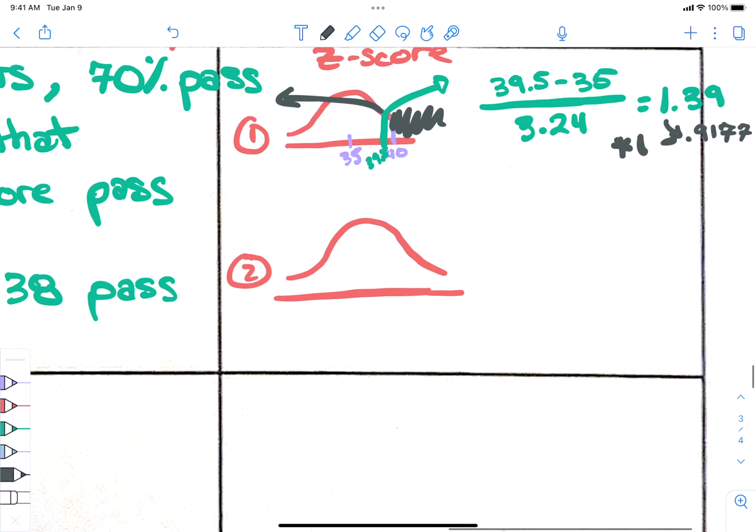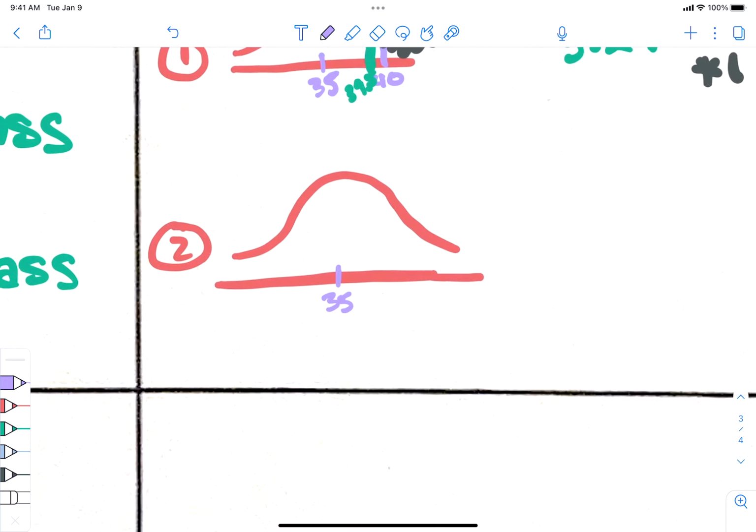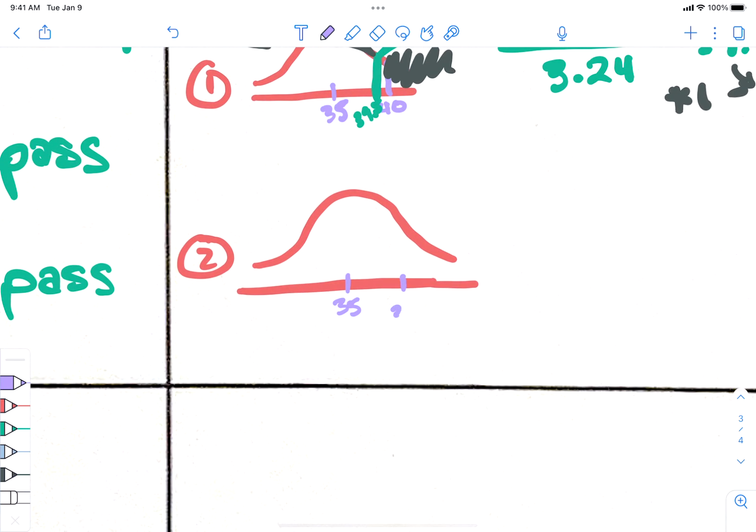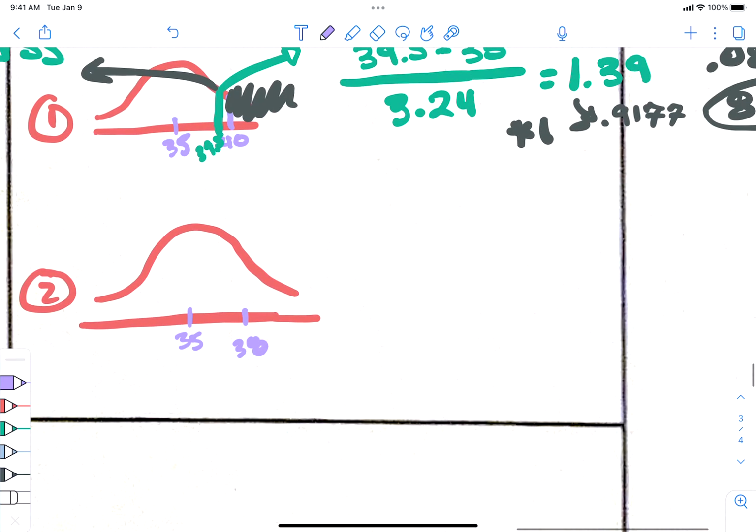Now this one over here, again, I always start with 35. But when we're doing exactly 38 pass, it's a little different. 38 is still going to be on the right side, not as far over as 40. To do 38 exactly, we've got to do 2 chunks. It's like taking a slice of cake out of the center, like in the gender reveal cakes where they cut the 2 sides and pull it out.